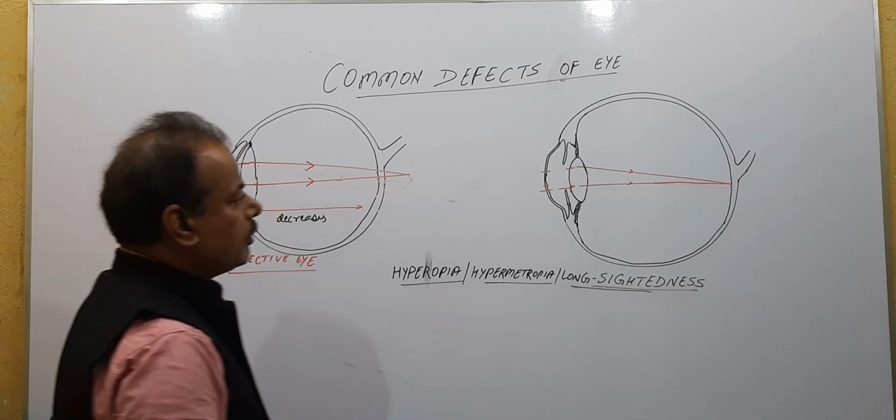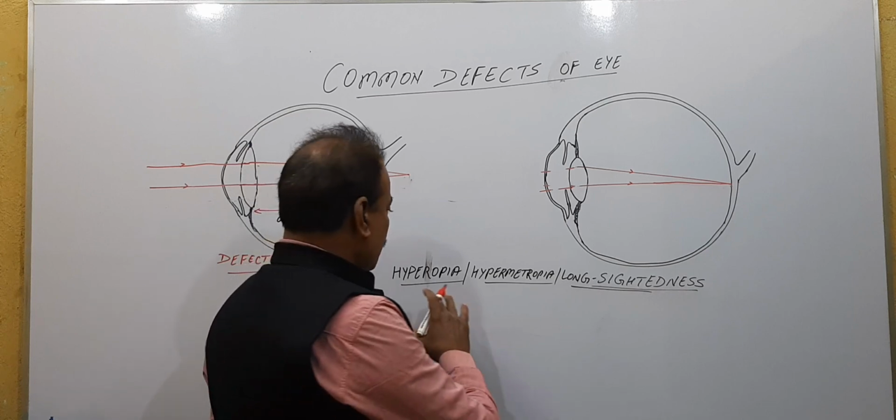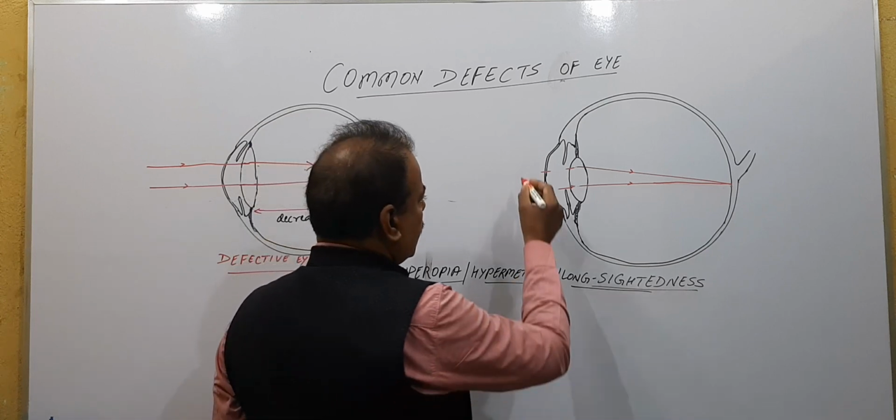After it, how can we correct hyperopia or long-sightedness?